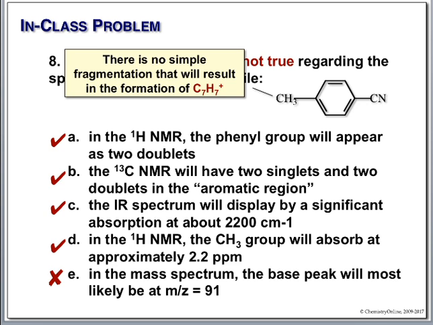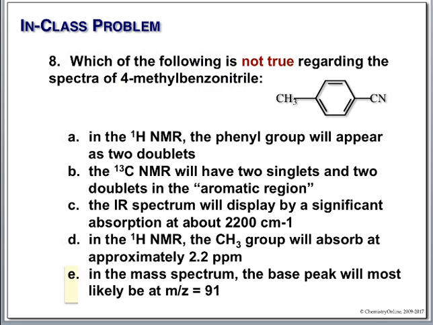We would have to somehow transfer a hydrogen from one end of the molecule to the other. It's just not going to happen. The whole process for doing that is not good. We will not see that. What you'll probably see is this guy losing hydrogen to make the molar equivalent of a benzyl carbocation. But it will not be a 91. Any questions?